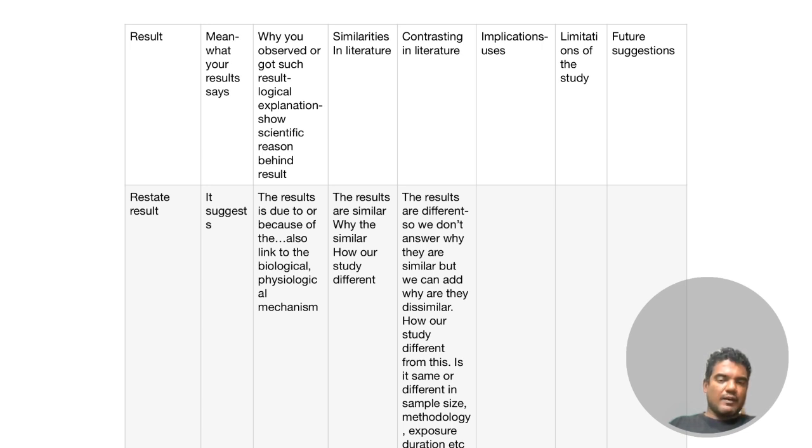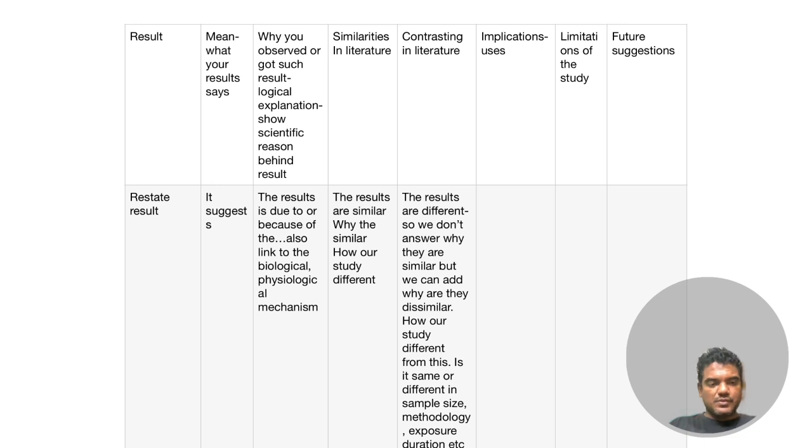We have to write why there is a similar result, and we have to explain how our study is different from their study. That is also very important. Maybe they used a different concentration, and we have used a different concentration. So that difference we have to write.